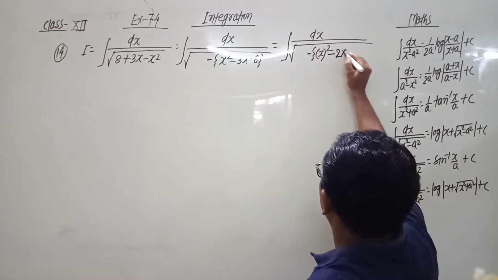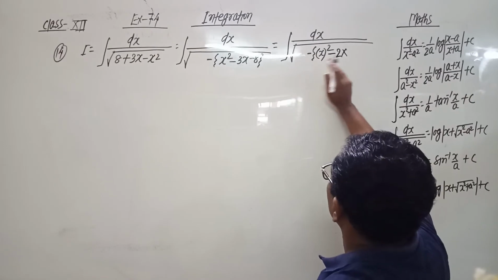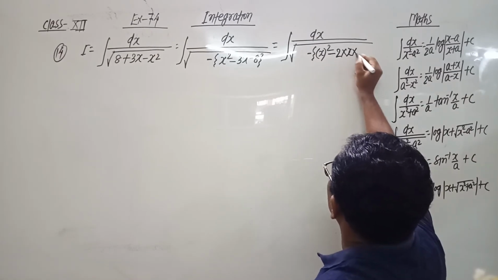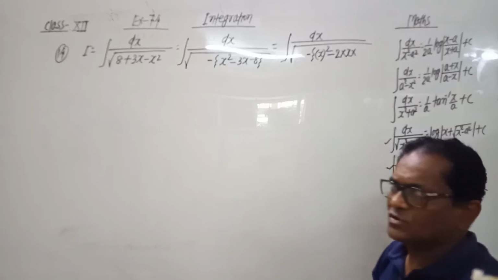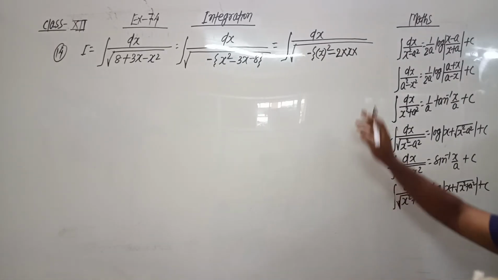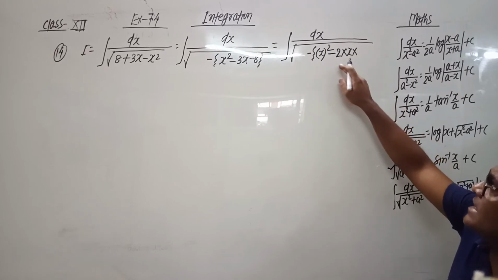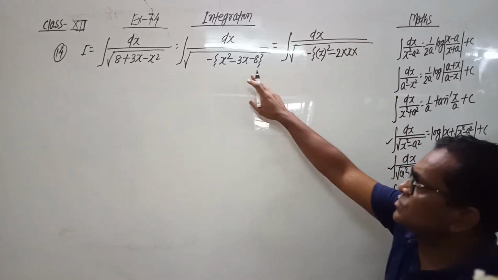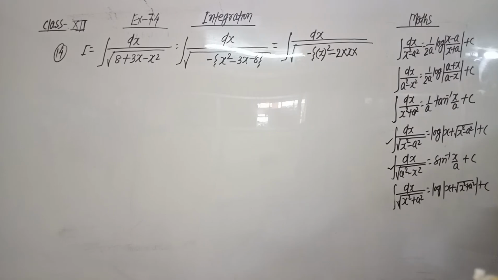From the formula, minus 2 into a. The value of a is x. The value of b is chosen such that by putting the value of b and solving, there should be minus 3x.